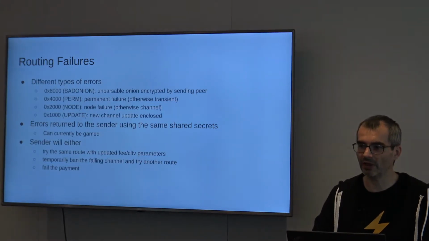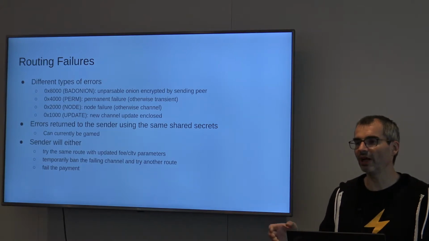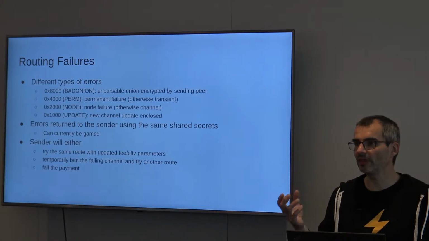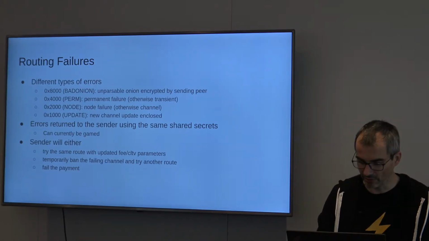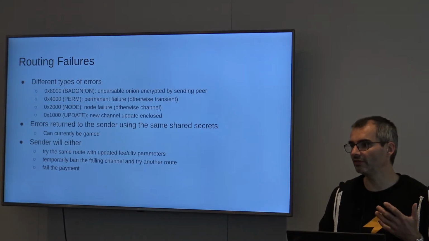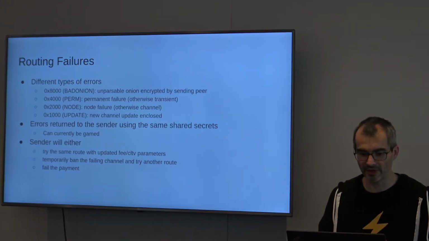So it's almost right, but for example, you're using fees that are wrong because you probably have a view of the network that is outdated. The channel update you used to compute the route is too old and does not reflect the latest fees that have been set by the node you're trying to relay the payment through.